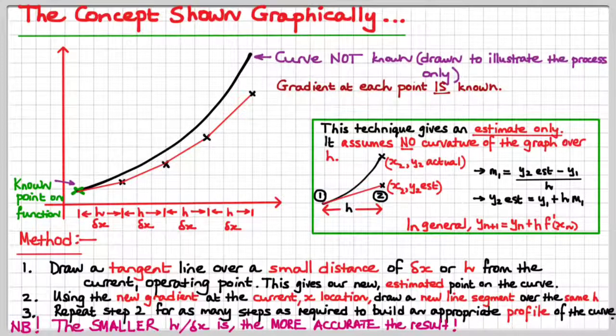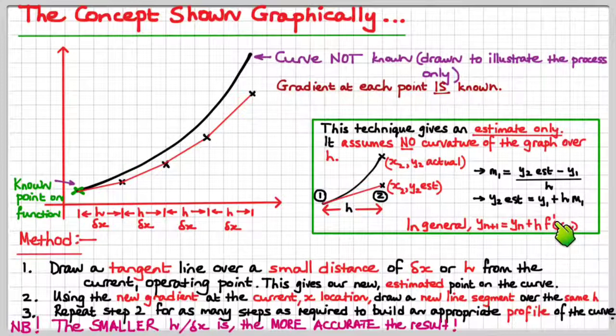Now in general, yn plus 1 equals the previous value yn plus the x increment, or h, times the gradient at the previous value of x, compared to this point here that we're trying to work out, okay? So yn plus 1 equals yn plus h times the gradient at where x is n.